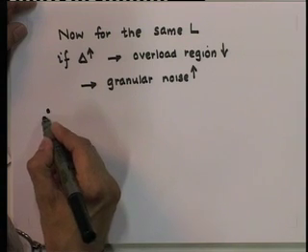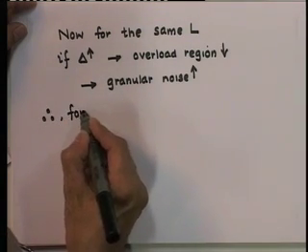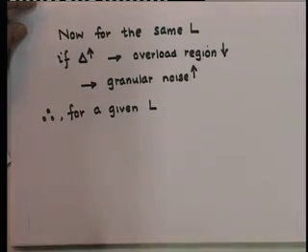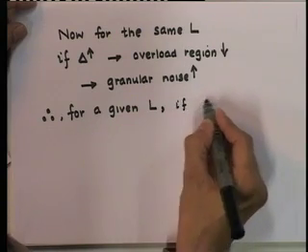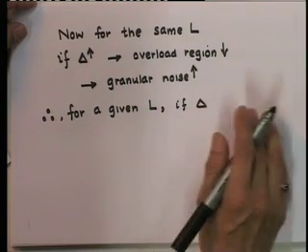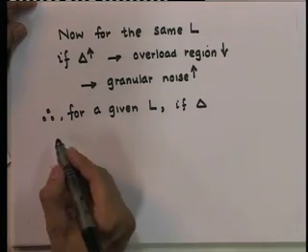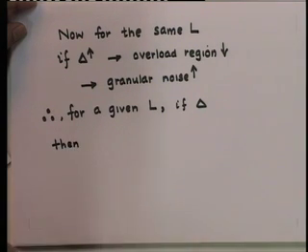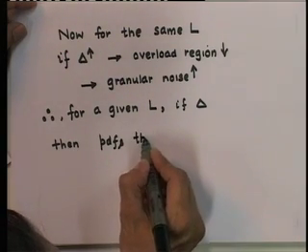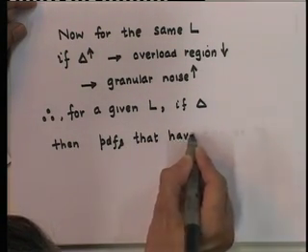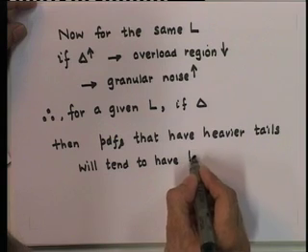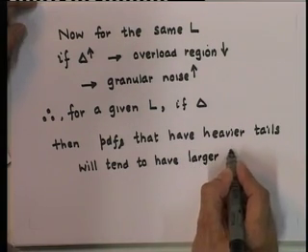Therefore, for a given L, if we calculate the step size to balance the effects of the granular and overload noise, then PDFs that have heavier tails will tend to have larger step sizes.